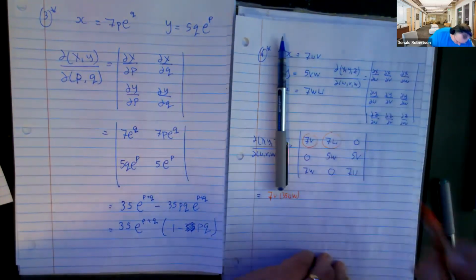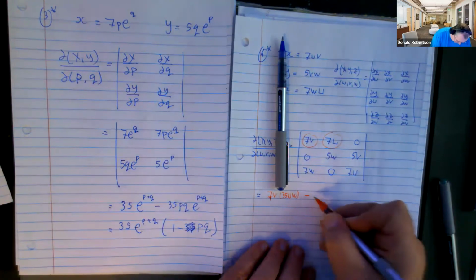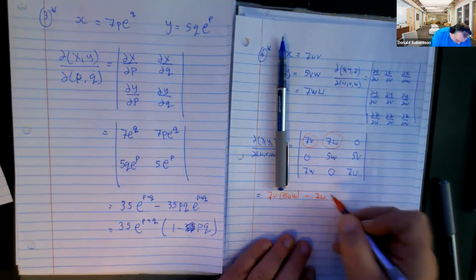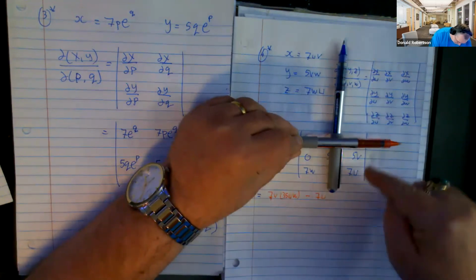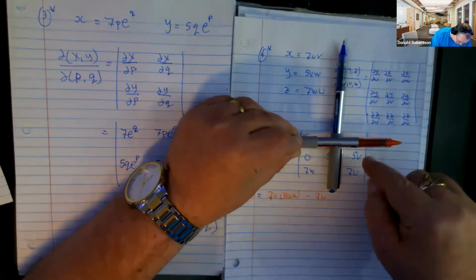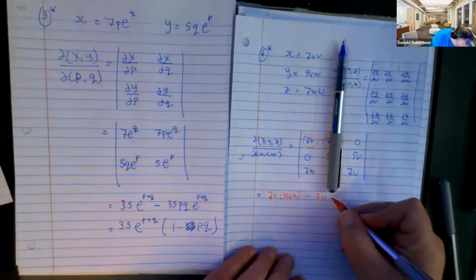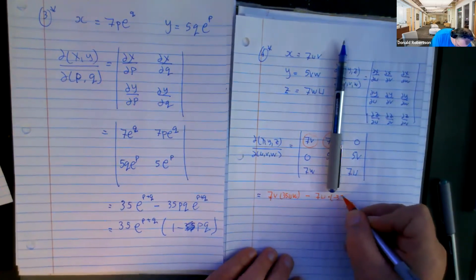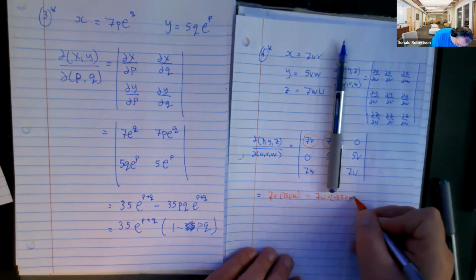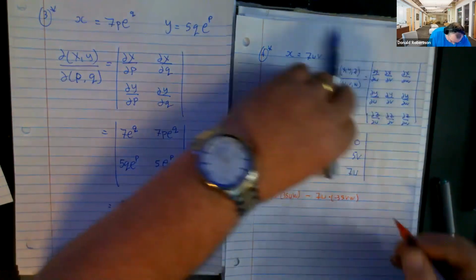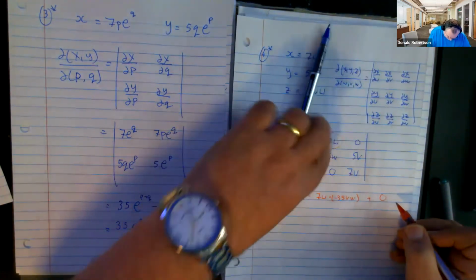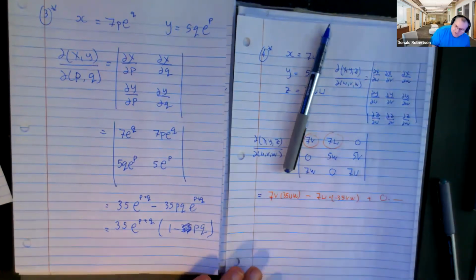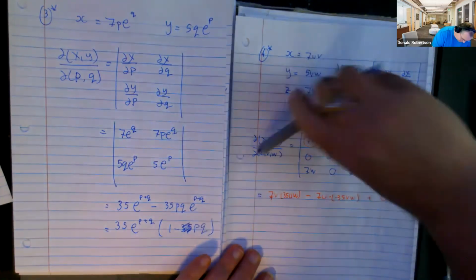You do the second guy, and it's negative, the second guy. And you cover them up, and it's 0 take away this fella. So it's negative 35vw. And then you go to the last one. Well, the last one's easy because it's 0 times I don't care, because 0 times anything is just 0.